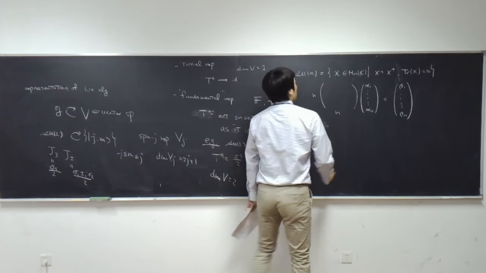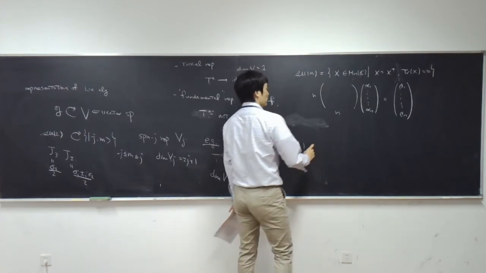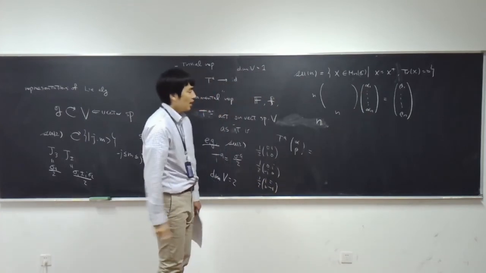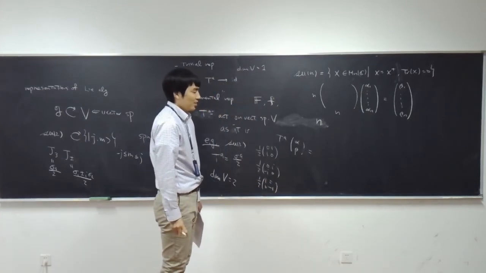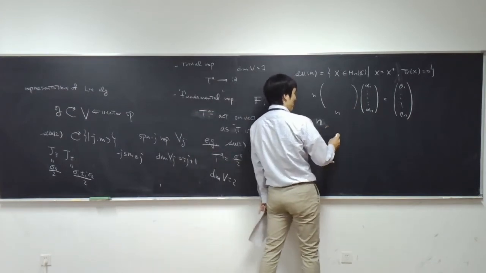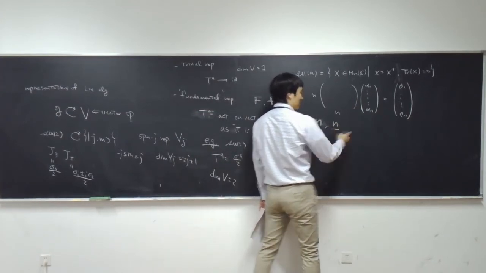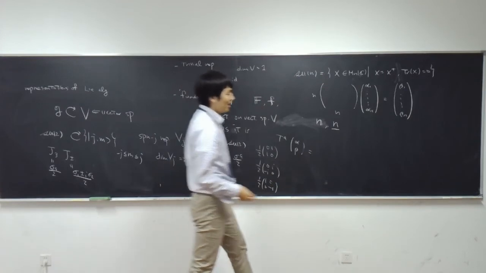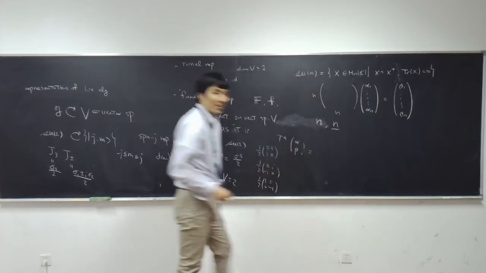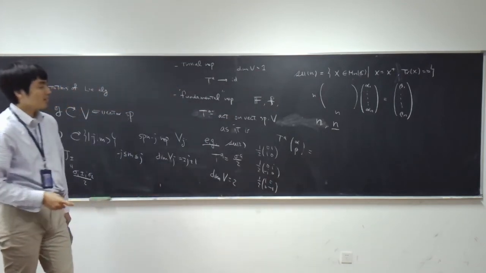Therefore, people often write the fundamental representation as a bold N, and since it's hard to write a bold N on the blackboard, people write it with a lower bar.